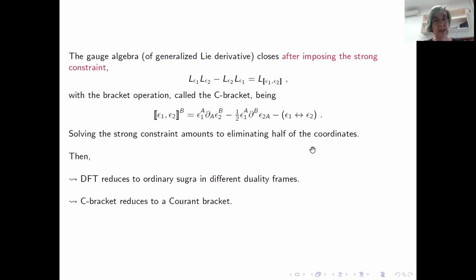So in a way, you are saying your physical space is just half of the degrees of freedom. Unfortunately, when you do this, double field theory reduces just to ordinary supergravity in different duality frames. And for us, also the C bracket of this gauge transformation reduces to the Courant bracket.